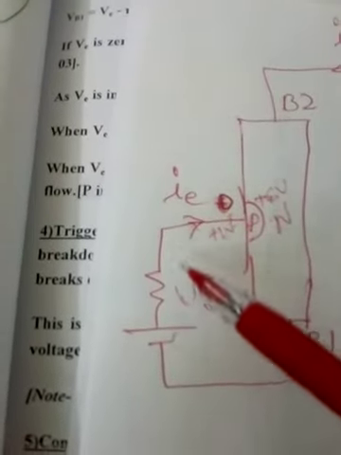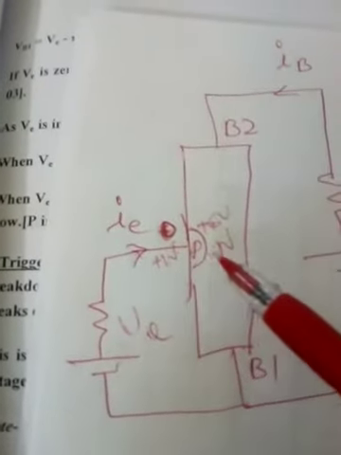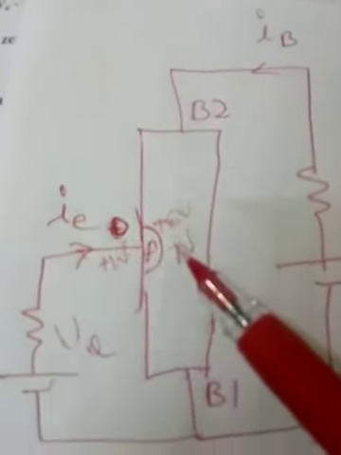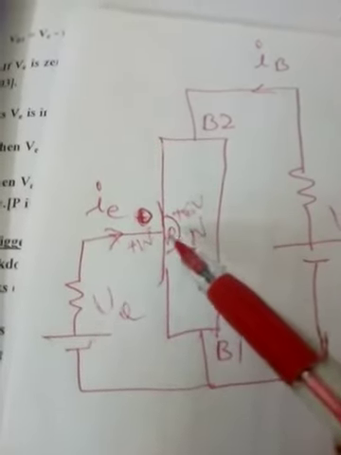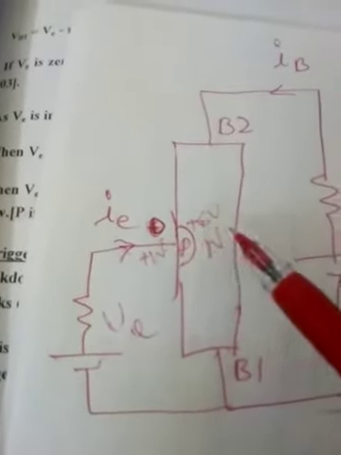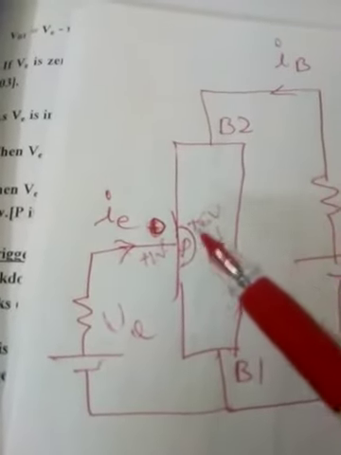Now if we increase VE beyond 6 volts, the PN junction will become forward biased, but still it needs 0.7 volt for this diode to break down. So up to 6.7 volts, even though it is forward biased, again only leakage current will flow. We call it forward leakage current.